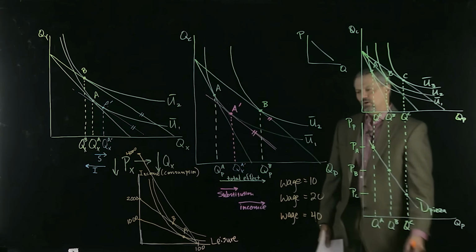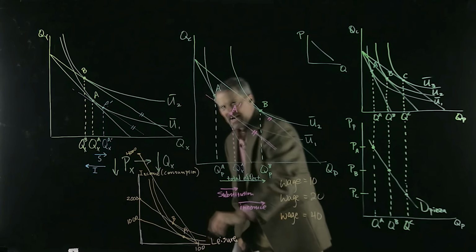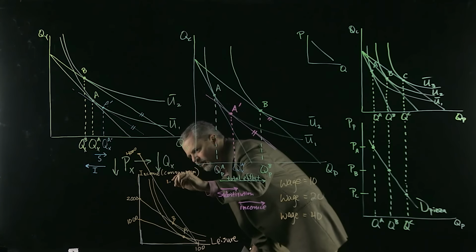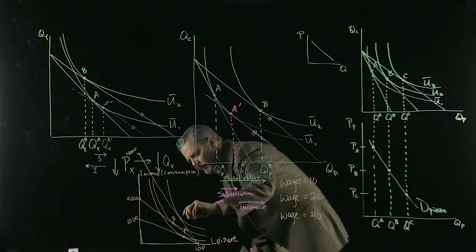Now, let's suppose, when that happens, you're going to move to a higher indifference curve. This is going to make you better off, but let's suppose that your new indifference curve is tangent right out here, say at point C.